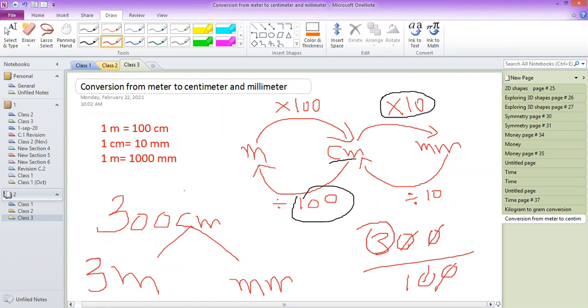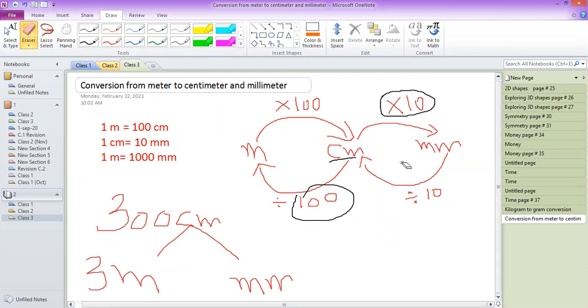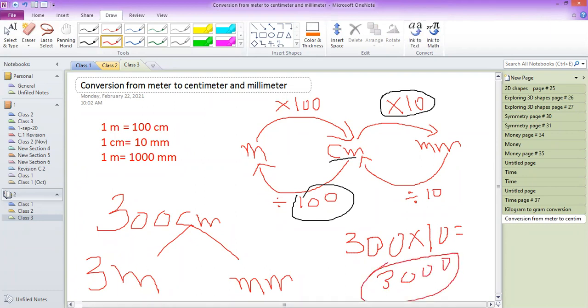And how much millimeter? For millimeter, you will multiply it by 10. So 300 multiplied by 10 is equal to, add 1 zero, it will become 3000.